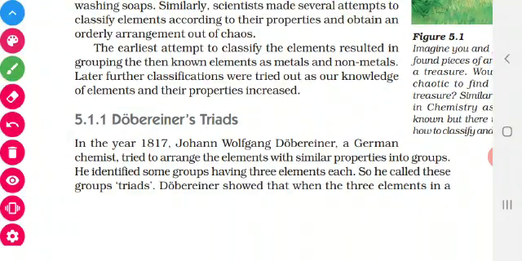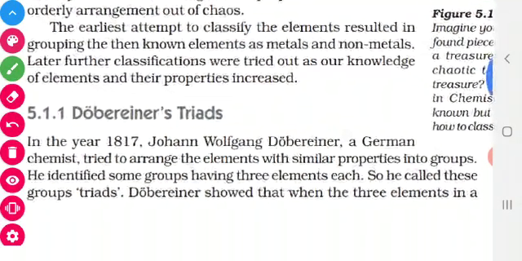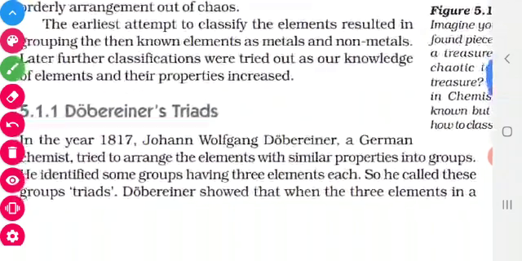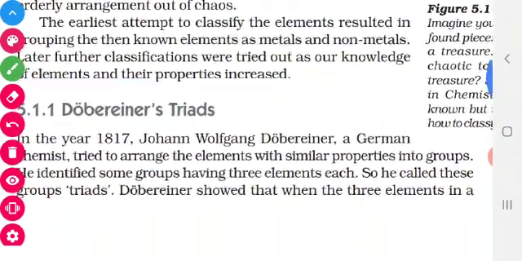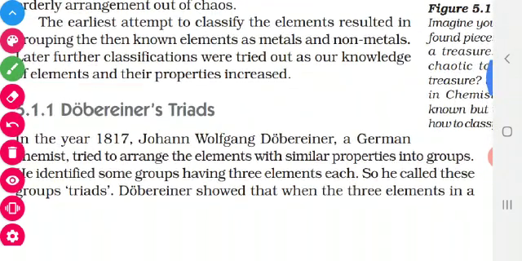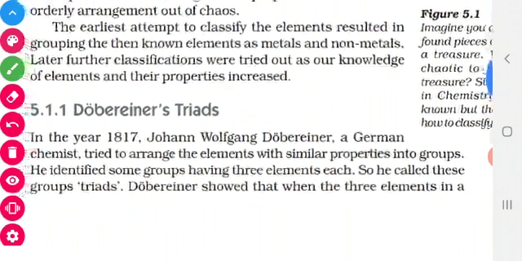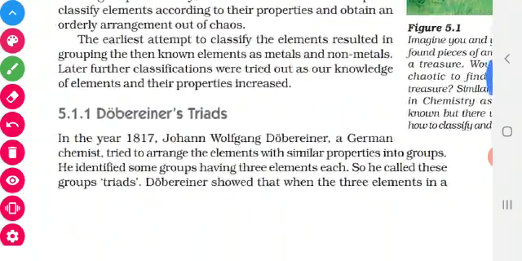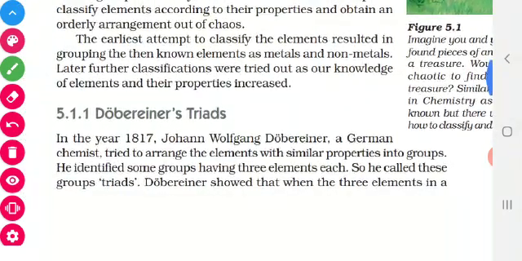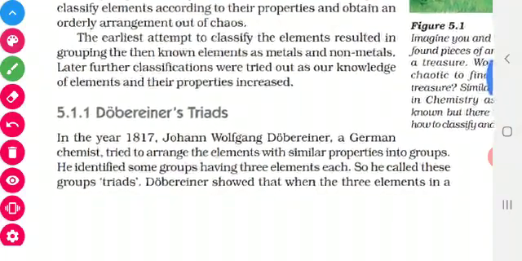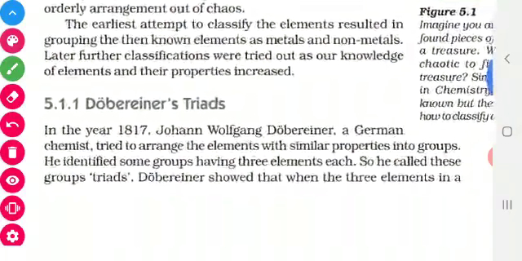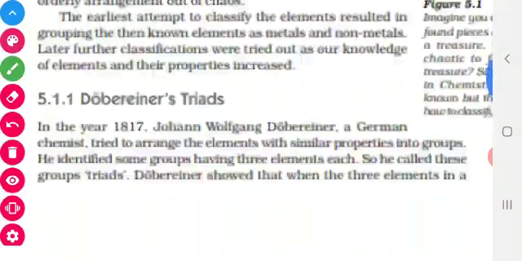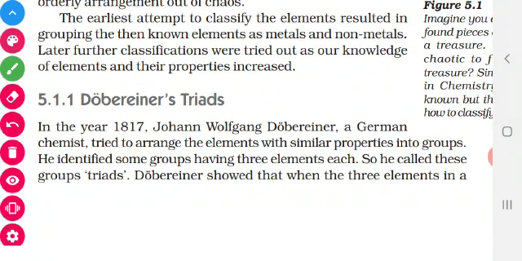He selected some elements which have similar properties and arranged them into groups. These groups contain 3 elements, so they are called triads. Underline that.